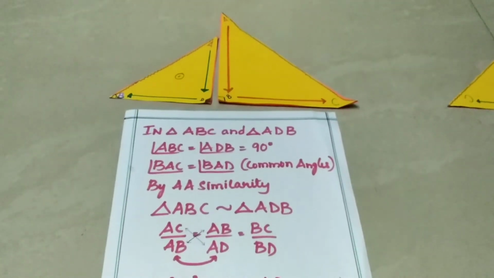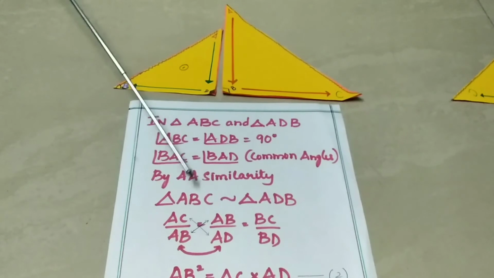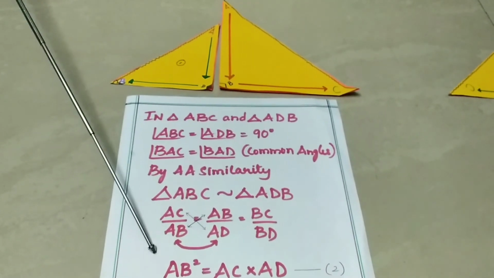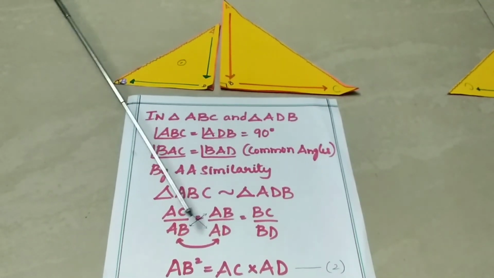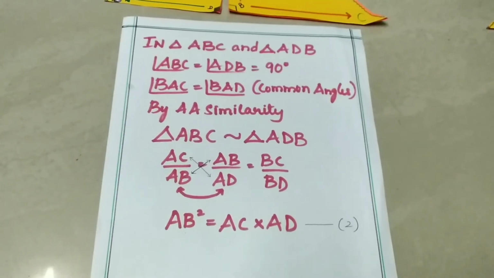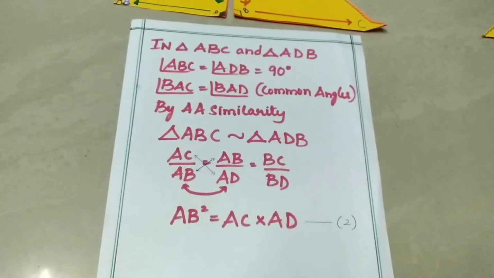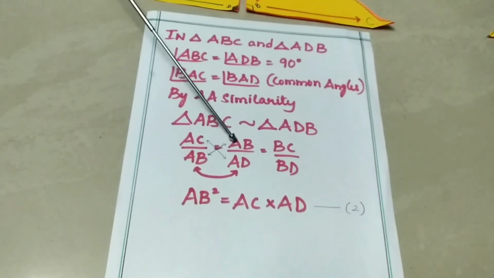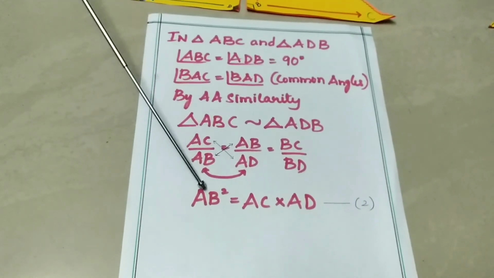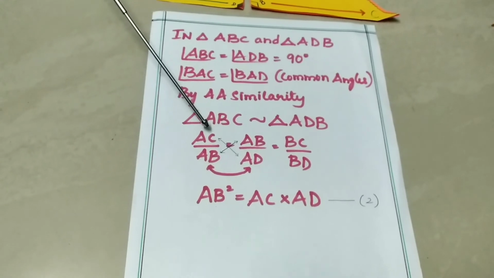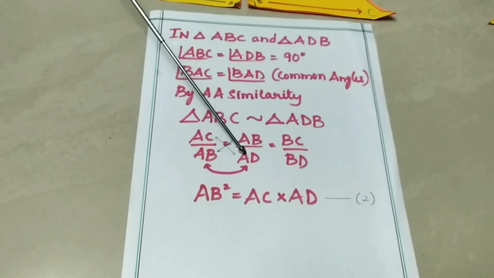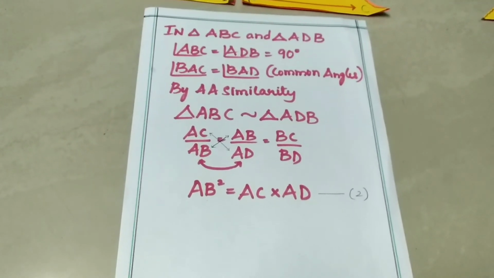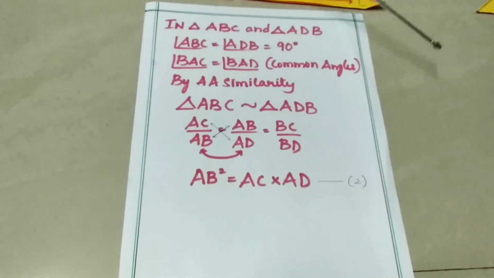You can see here that AC by AB is equal to AB by AD is equal to BC by BD. In this, AB is repeated twice. So AB into AB, AB square, is equal to AC into AD. Let us take this as equation 2.